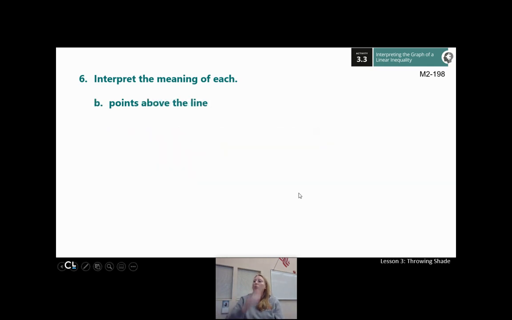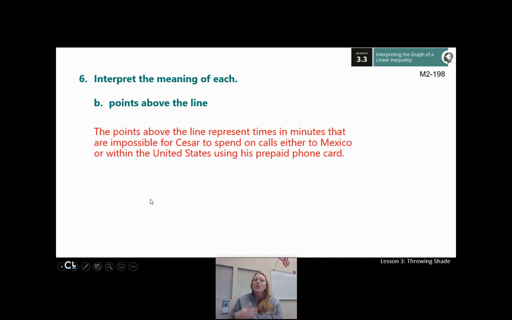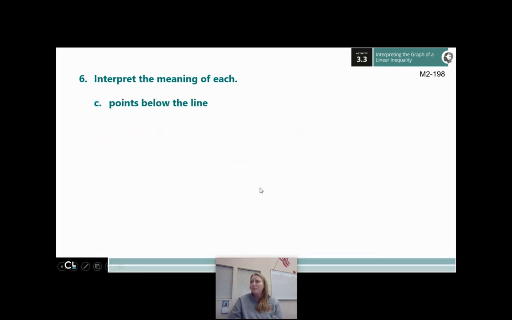That's it. The points above the line for part B, well, if you recall, we didn't shade in the points above the line because he can't spend more than $50. He's only got 50 bucks on the card. So the points above the line represent times in minutes that are impossible for Cesar to spend on calls either to Mexico or to the United States using his prepaid phone card because he just doesn't have enough money on the card.